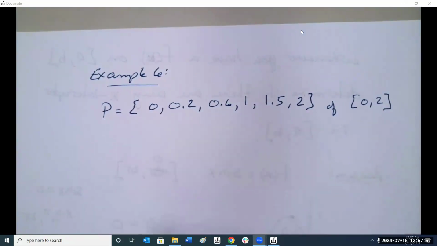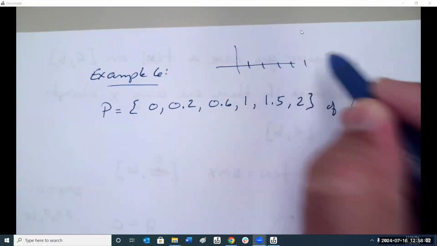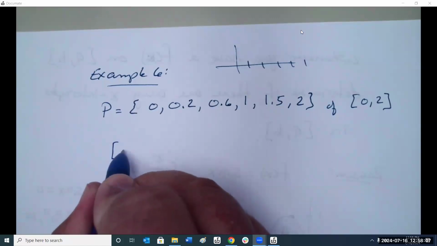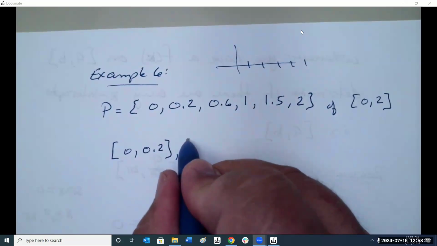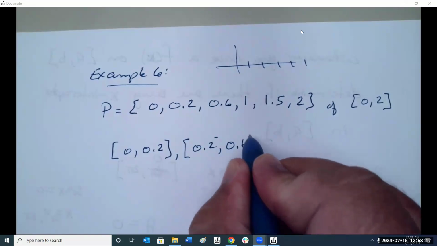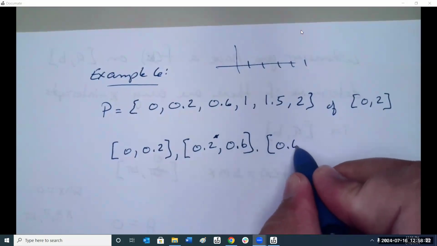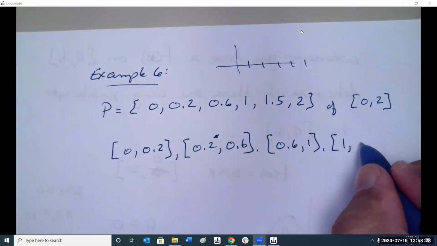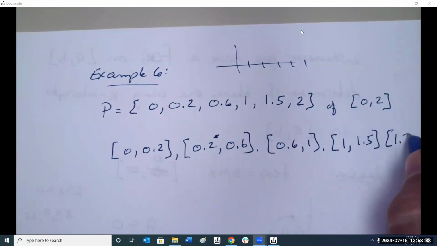So what does this represent? These partitions are the points along the line. So our first interval will be from 0 to 0.2. The next interval will be from 0.2 to 0.6. The next one is from 0.6 to 1, from 1 to 1.5, and then from 1.5 to 2.